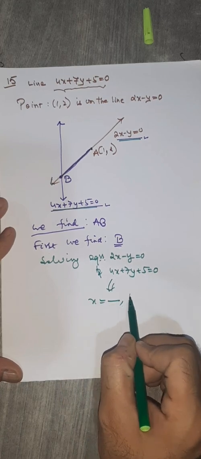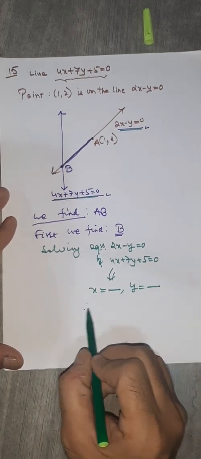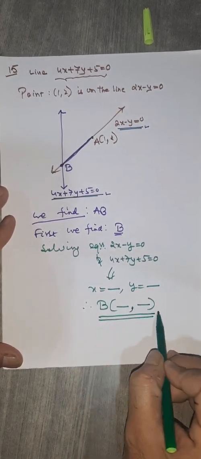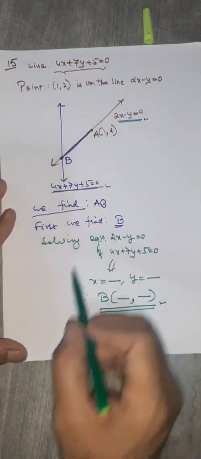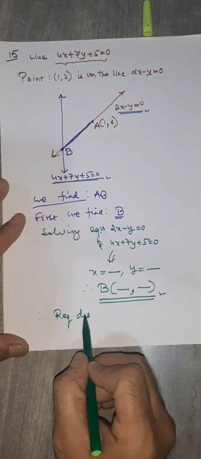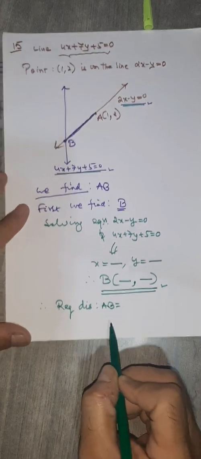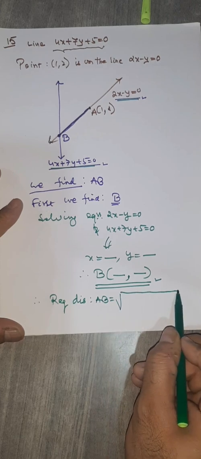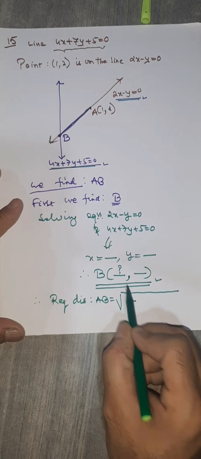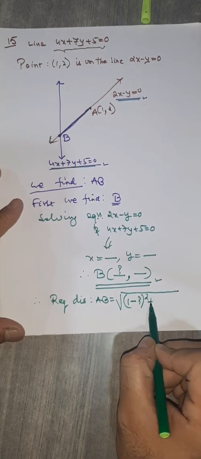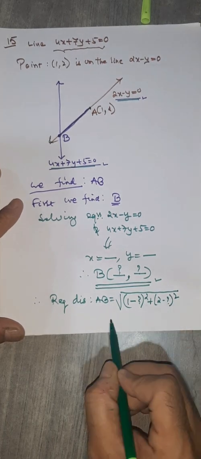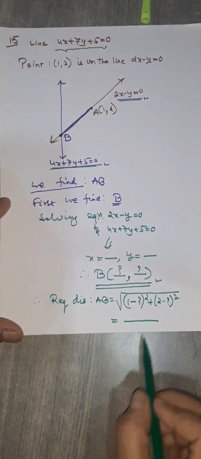So you will get x and y, and that represents B. You have A, and therefore your required distance AB equals, you know the formula, root of (1 minus this value) the whole square plus (2 minus this value) the whole square, and simplify. This is the required distance.